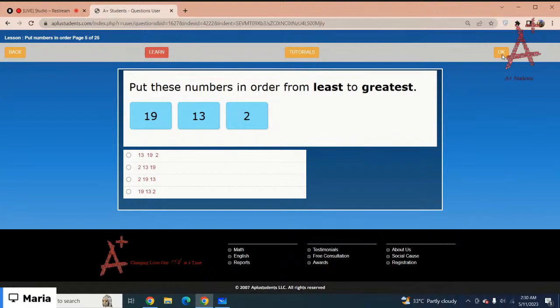Yes, it would be 2, 13, and 19. The correct option is 2, 13, and 19.